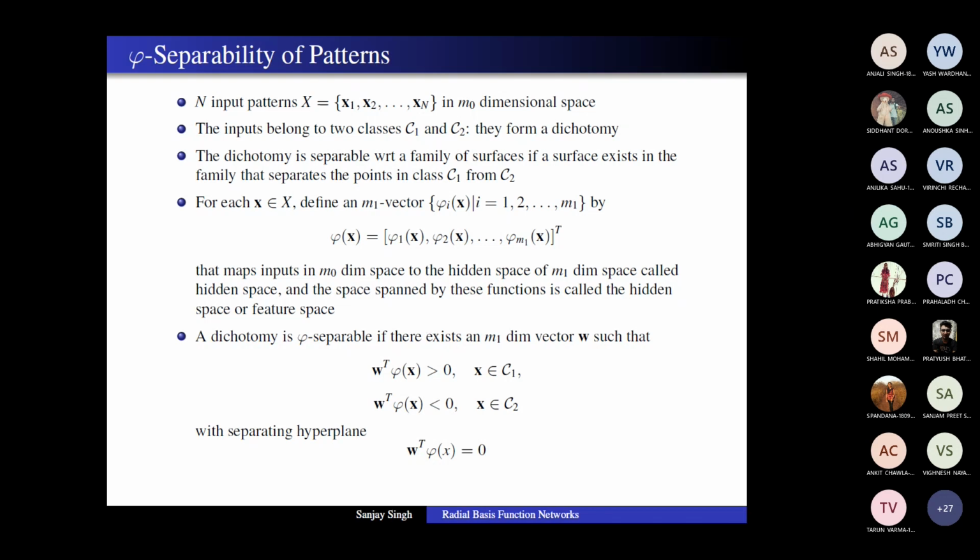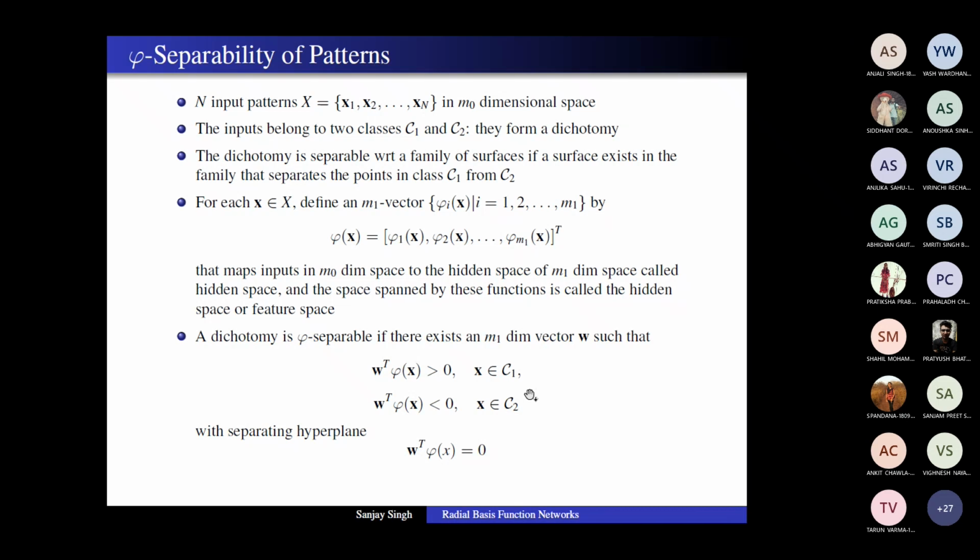A dichotomy is phi separable, meaning using phi we can separate it, if there exists an M1 dimensional vector W such that W transpose phi(x), the inner product, is greater than 0. If that happens, then I may say that x belongs to C1. I could have used any definition; there's no hard and fast rule, it's up to you and whatever convention you want. And if that value is less than 0, then x belongs to C2.